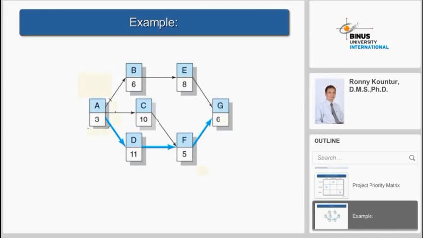In this case, we decided not to sacrifice performance. So what we are going to sacrifice is cost. There will be additional cost to reduce the time of this project. We will see later on how to do that.